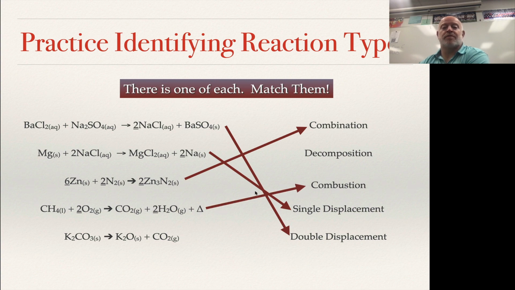So that's going to be one of my combustion reactions, okay? Sometimes single displacement and combustion look a lot alike because they both have a single and a compound. That's why we have to identify that hydrocarbon and the carbon dioxide and water to help us out. And then last but not least, I have a single compound right here, one compound breaking apart into two other things. So that would be my decomposition reaction. All right, so that is reaction types.